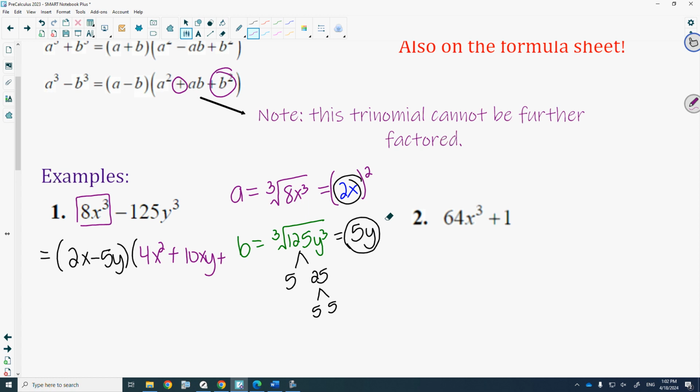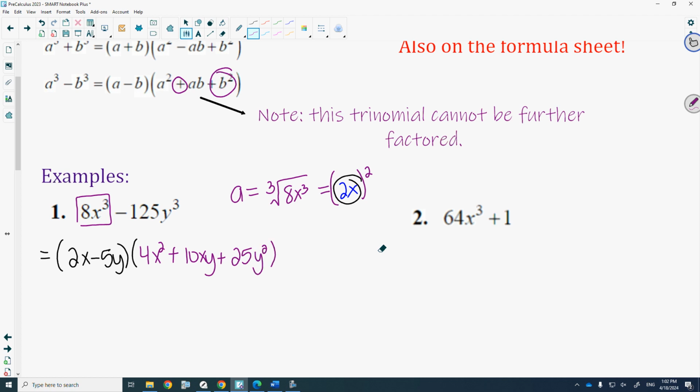So this was B. If I square this, distribute the 2 on the y and the 5, I will get plus 25y squared. And that is your answer. And that's how you factor a difference of cubes.